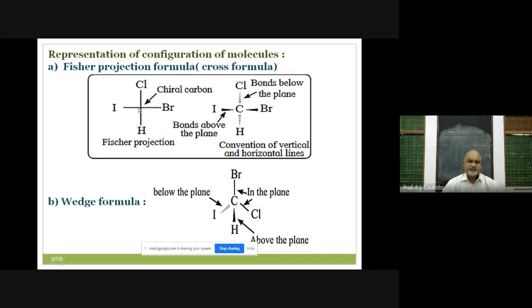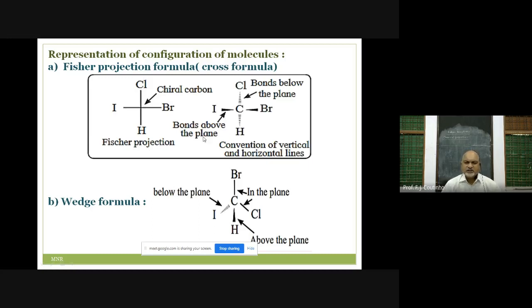Why is this known as a chiral carbon atom? Because this carbon atom has a valency of 4, and it is bonded to chlorine, bromine, hydrogen and iodine, that is, by 4 different atoms. And that's why I say this is a chiral carbon atom bonded to 4 different atoms, and I would also say it is an asymmetric carbon atom, and this is a Fischer projection.